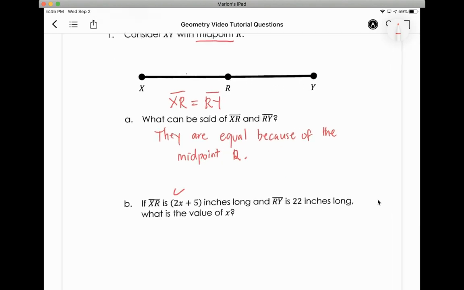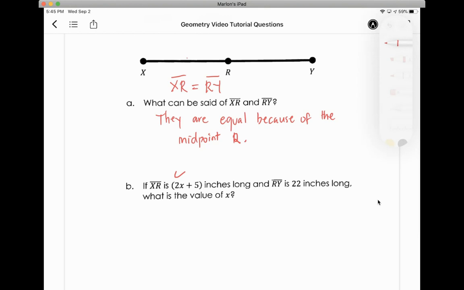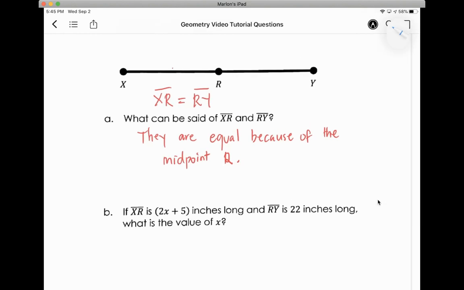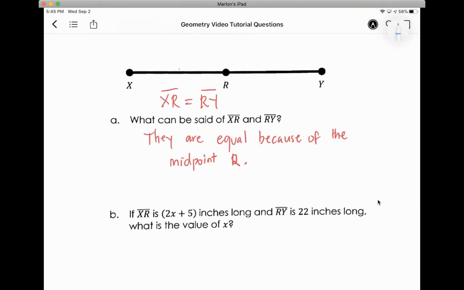Let's have question letter B. If XR is 2x plus 5 inches, again, when we're solving a problem and we have a sketch, all we need to do is, of course, label it so we don't get lost. So it says XR is 2x plus 5 inches. So let's label that.